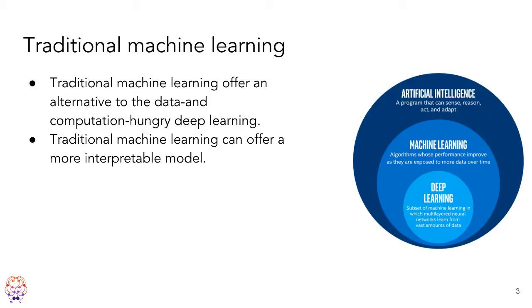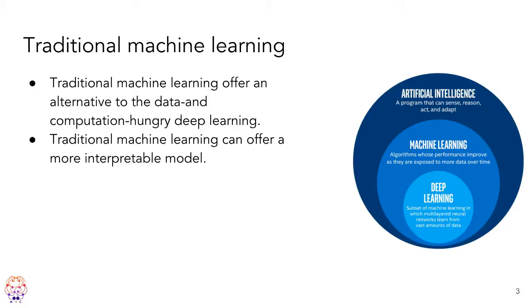The idea about machine learning has been there for a long time, but with the resurgence of deep learning algorithms, traditional machine learning has been a bit hidden behind the shadow of deep learning. Machine learning is the broad category, but also in there is what we now call traditional machine learning algorithms.